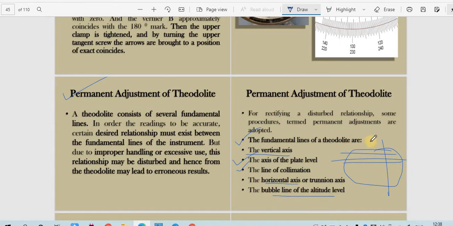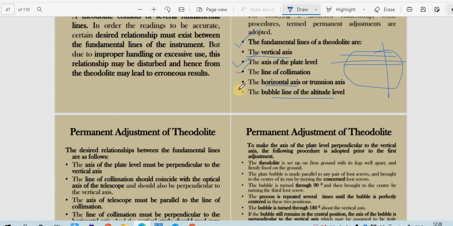As I've told you, a bubble is provided at the top of the telescope, and the line tangent to that bubble is called your bubble line. These are the basic or fundamental lines in your theodolite, and they have certain relations among them. So we'll see the relations.